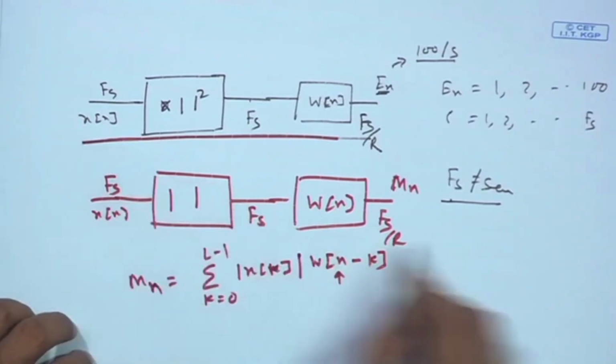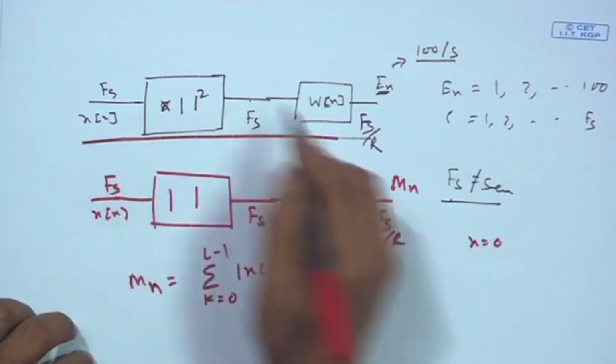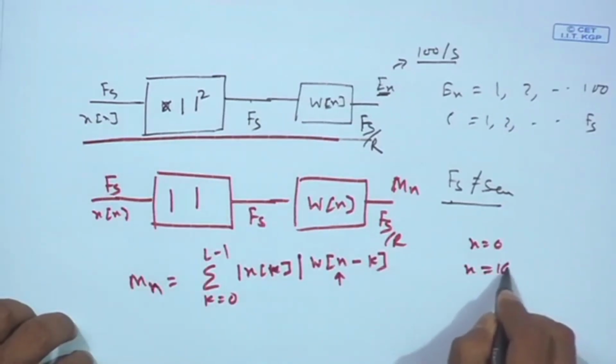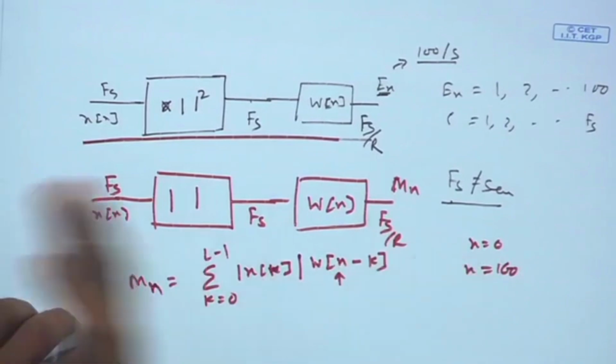If it is the first window, n is 0. If it is the second window, n is 160, since the shifting is 160 samples. For the third window, the start will be 320. For the fourth window, the start will be 320 plus 160. So, for every window I get one M[n].